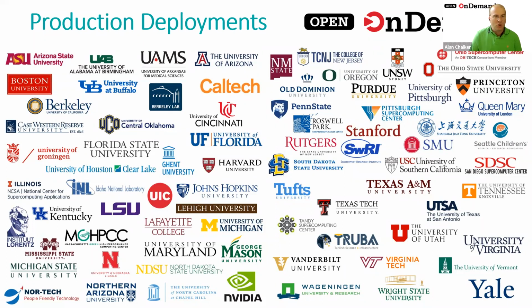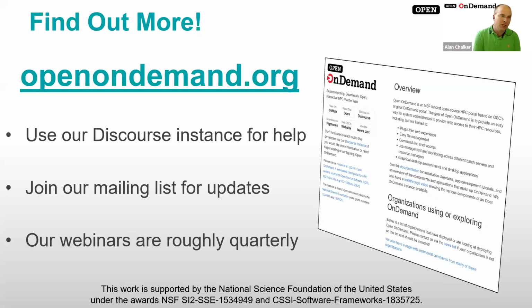If you want to find out more about Open OnDemand, about what we're doing with Kubernetes, I really encourage you to go to openondemand.org. That's our one-stop shop for it. You'll notice we've got what's called a Discourse instance. Discourse is basically an online web-based message board.